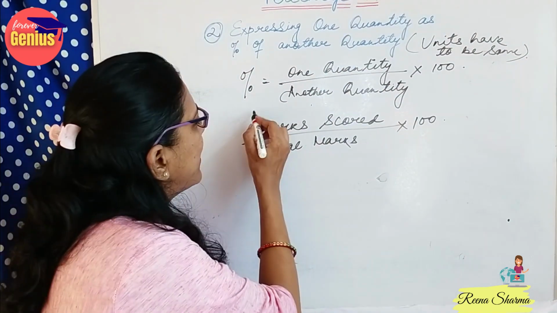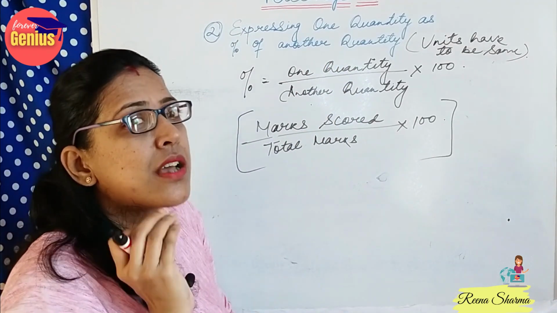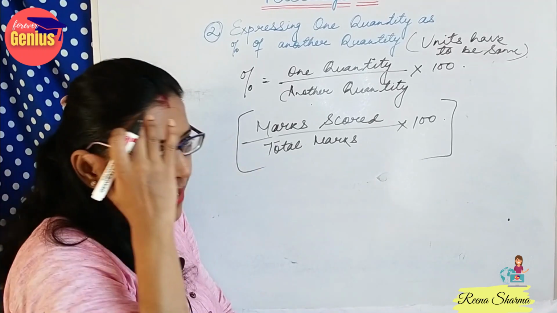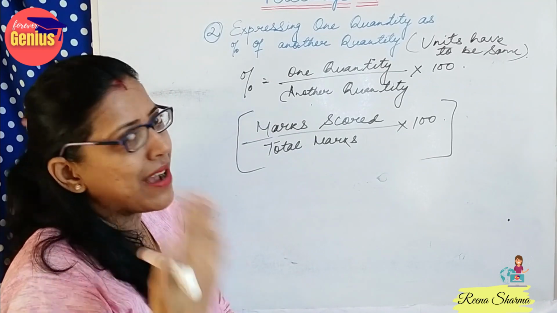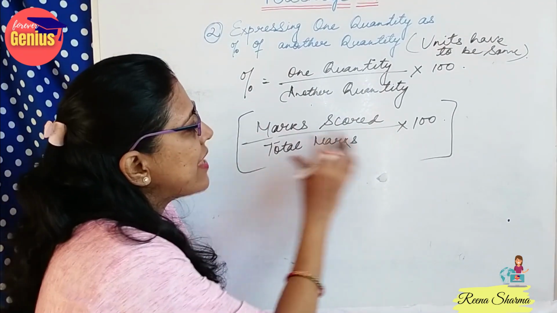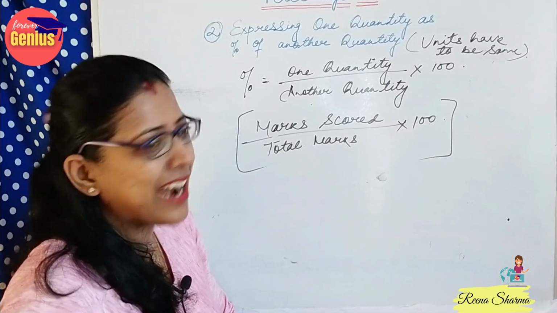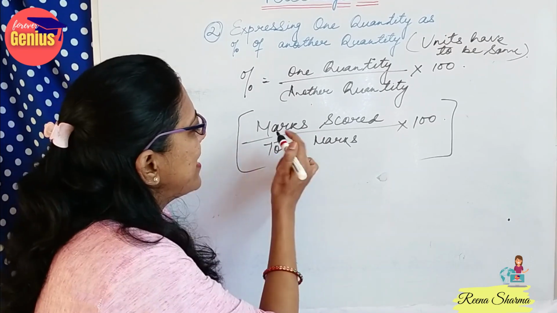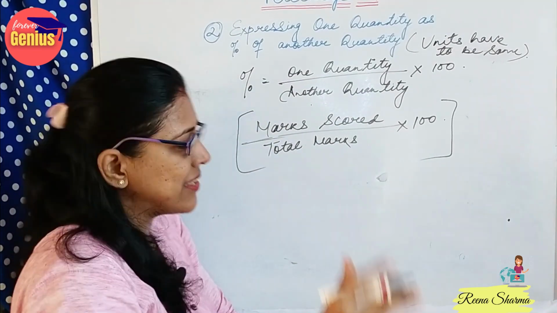If you keep this particular formula in your mind, you can compare any quantities, any question related to quantities given in the question. Whenever a question is there, think, okay, marks scored by total marks into 100. This is the basic funda, remember it in your mind. In my childhood, I remember this only. Until now, whenever I see a question, the marks secured by total marks and I get the answer.